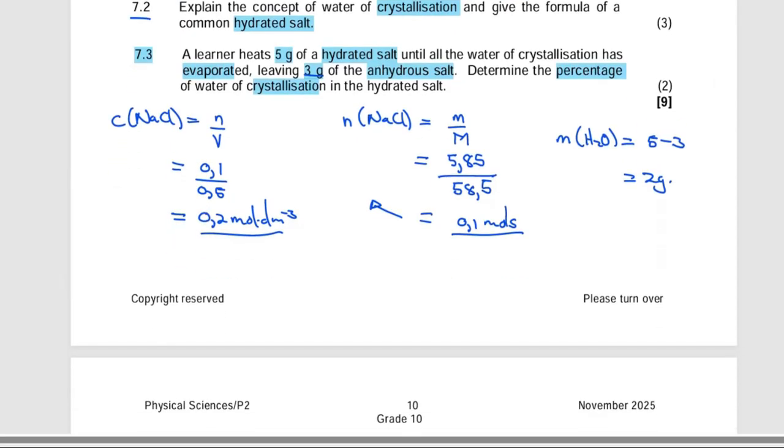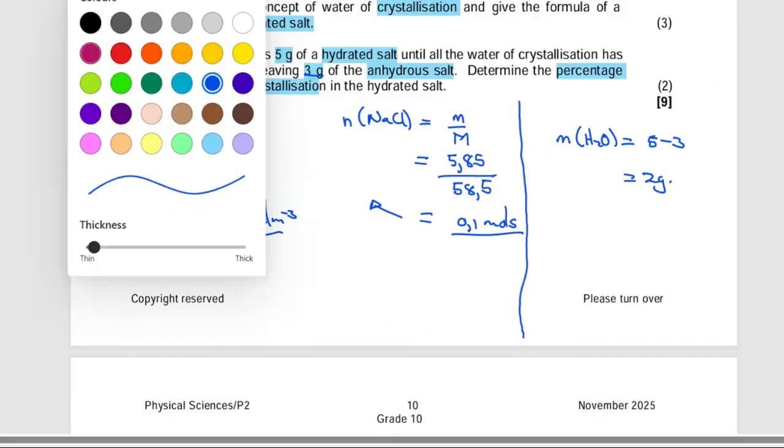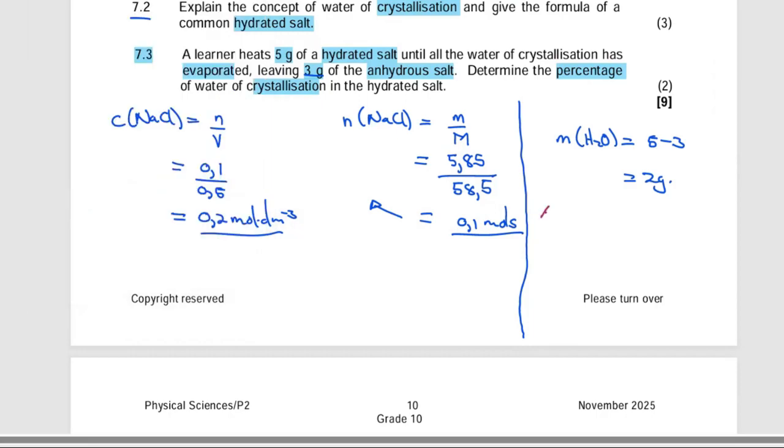So as a percentage, I'm going to take that value and proceed to find the percentage of the water. Allow me to use this space underneath. Let me use a different color. The percentage of H2O is equivalent to the mass of H2O all over the mass of the hydrated salt, right?